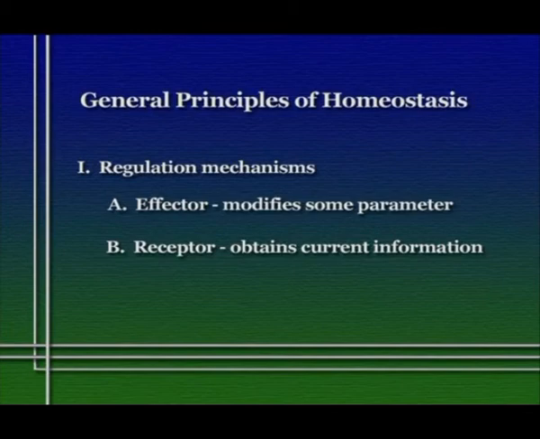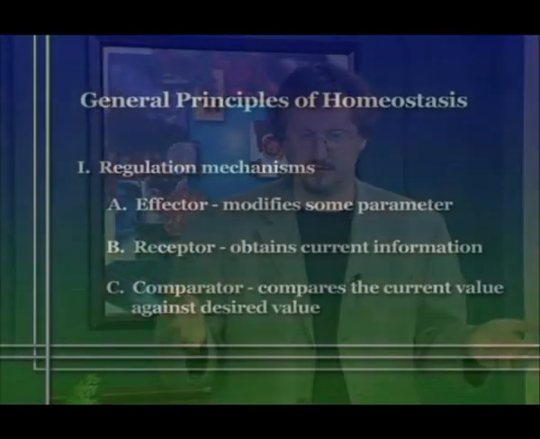An organism finally also needs some mechanism that compares the current value of the parameter to the desired value of the parameter, calculates the difference, and then directs an effector to change the value of the parameter in the appropriate direction. Now, we can use several terms equivalently to refer to this kind of mechanism. We might call it a controller, or we might call it a regulatory system, or perhaps best, we might call it a comparator.